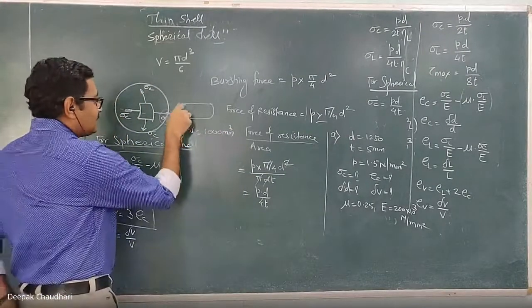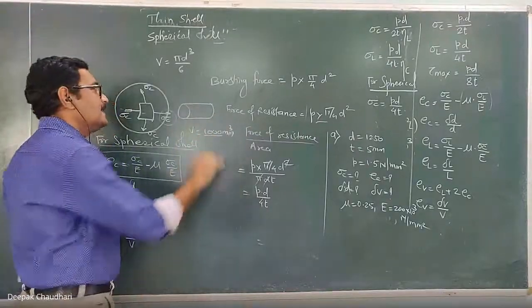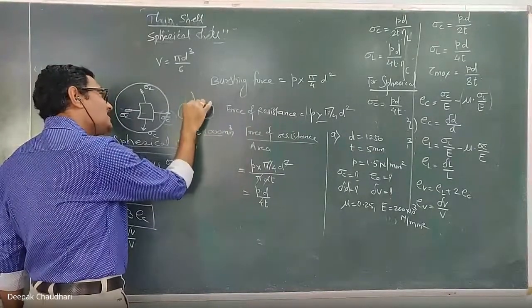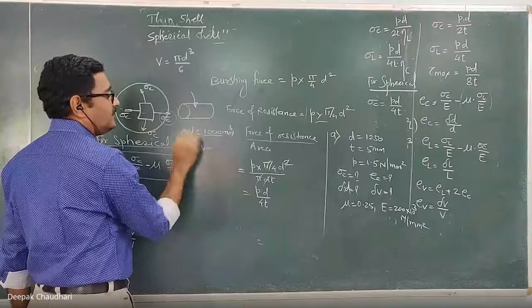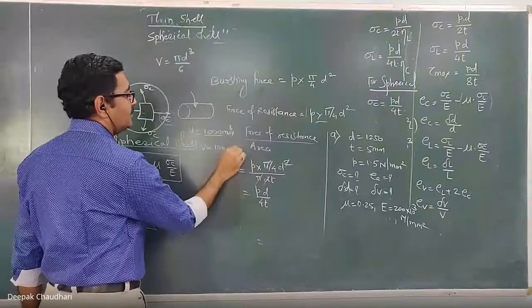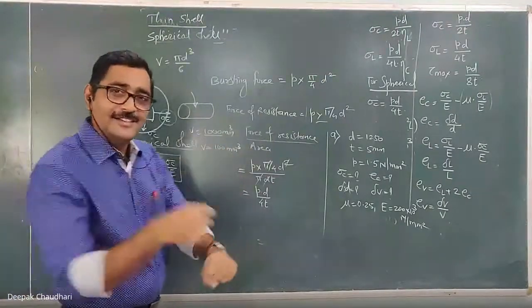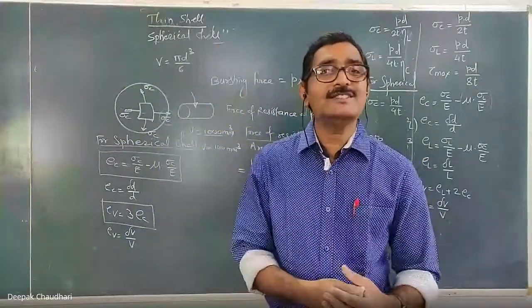Now it is filled with a fluid at atmospheric pressure. Now with the help of some external device, if I insert some additional fluid, suppose 100 millimeter cube, definitely the internal pressure will increase.